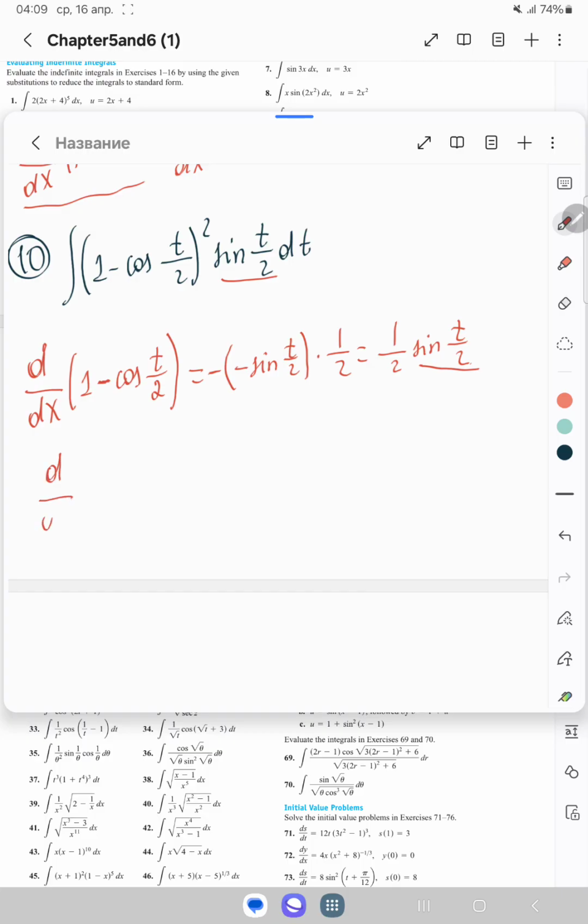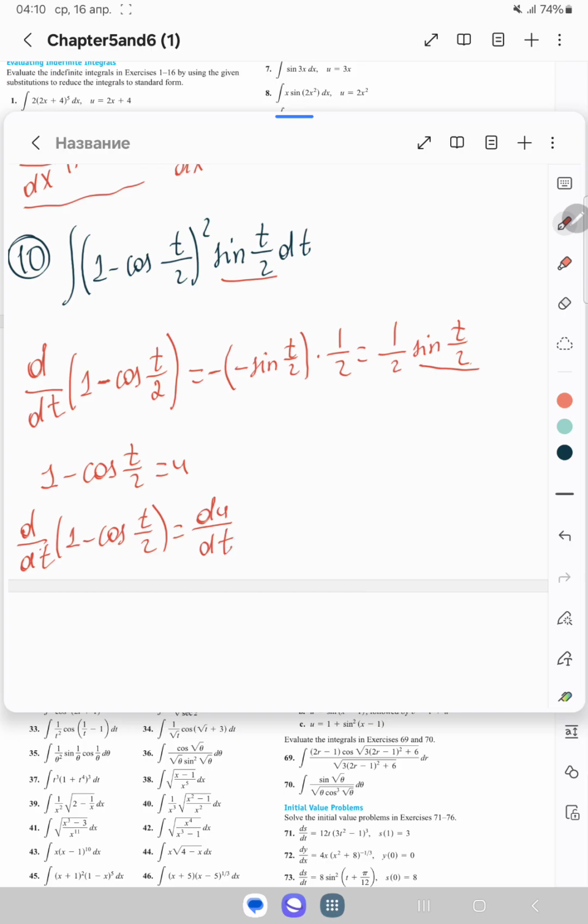So, d over dx. Let's not write it like that. This means we can call it u. Let's take the derivative of both sides, meaning d over dx of 1 minus cosine t over 2 equals du over d... No, sorry, by the way, we have t here, so no dx, but dt.